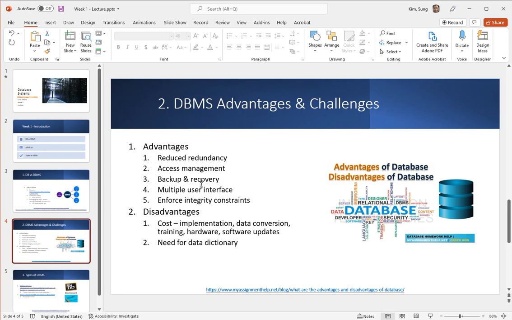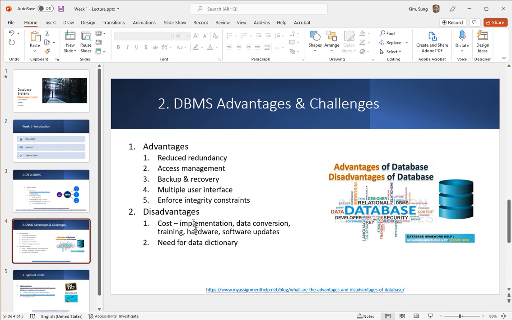And a database management system can manage different access in terms of security, users, and rules, which is very useful and necessary in enterprise systems. You can manage backup and recovery, and you can have multiple user interfaces, and enforce integrity constraints, so that when updates are made to the data, they are made in a consistent way. There are other advantages that you may want to look at when you do the homework, or research online.